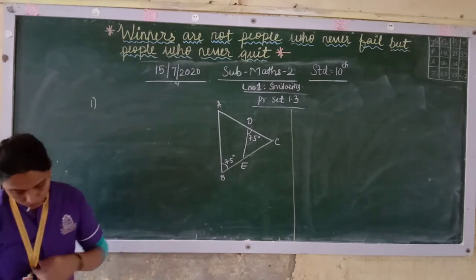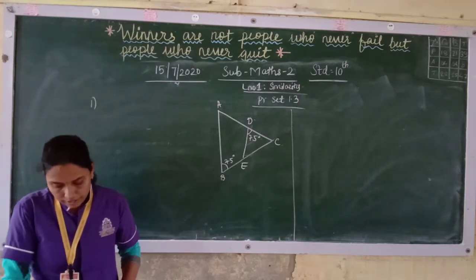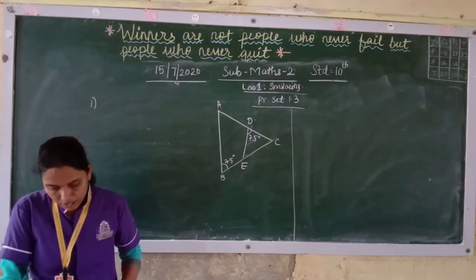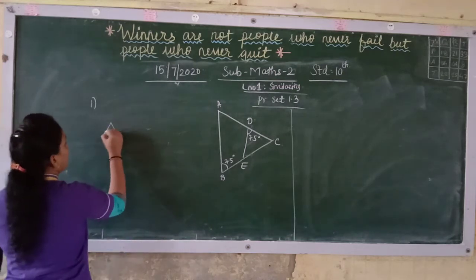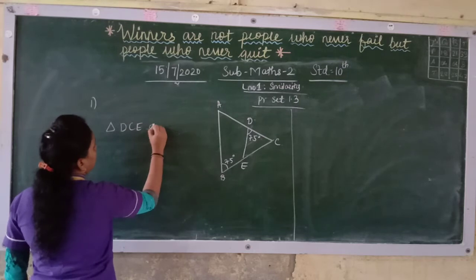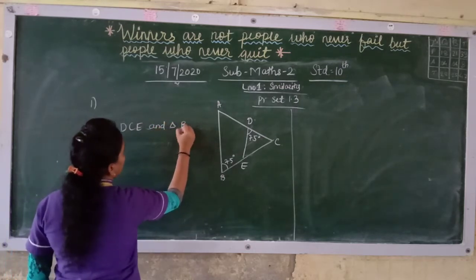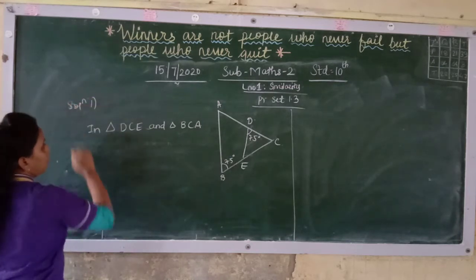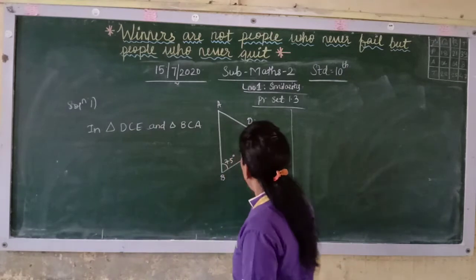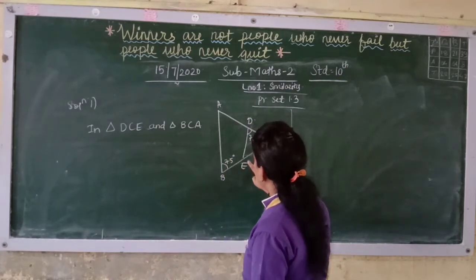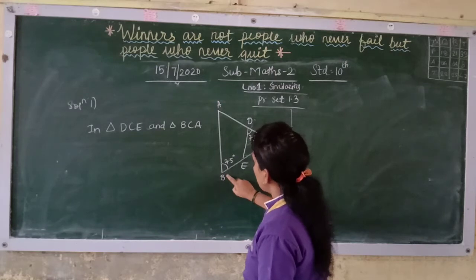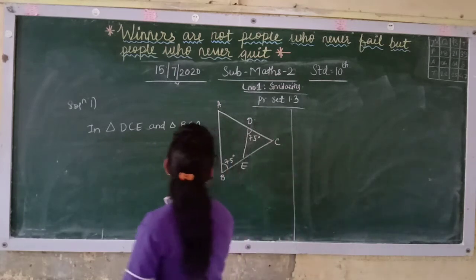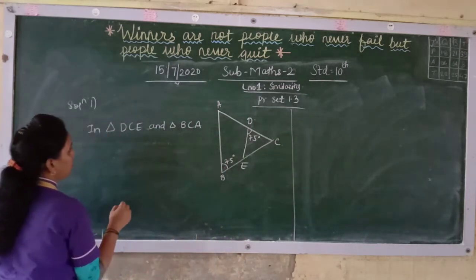Now see here, can you see the triangle DCE and BCA? So in triangle DCE and triangle BCA. Now this is the solution for first one. Now see, in triangle DCE, you are starting with the angle, so here also you start with the angle, so it is BCA. So in this triangle, this angle is congruent.